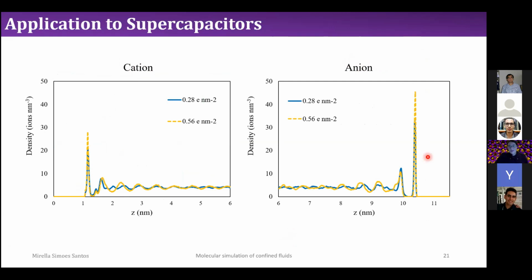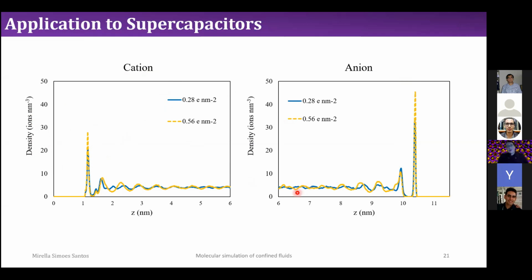So the right-hand side electrode is positively charged, and the left-hand side electrode is negatively charged. And we do see that we have density in terms of ions per volume. So we can compare directly, because these two, cation and anion, do have different molar masses. But here we can compare directly.